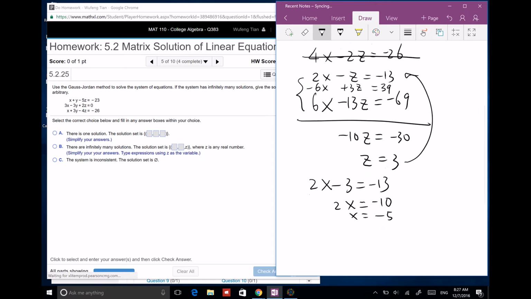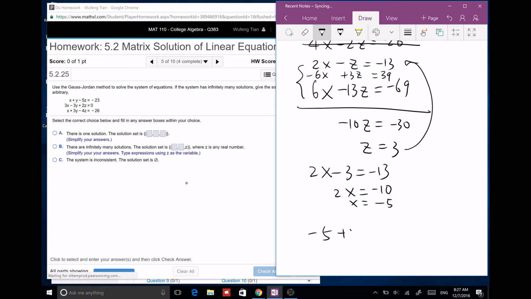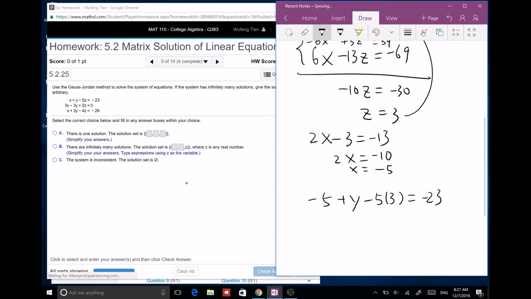So negative 5 plus y minus 5z, 5 times 3, equals negative 23. Then we solve for y. So y minus 5 minus 15 equals negative 23. So y equals negative 3.